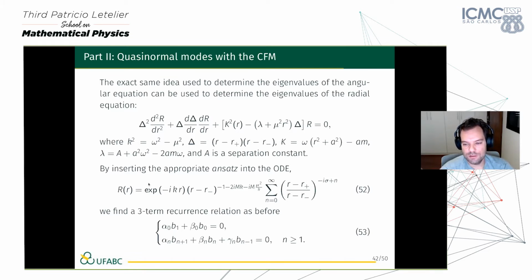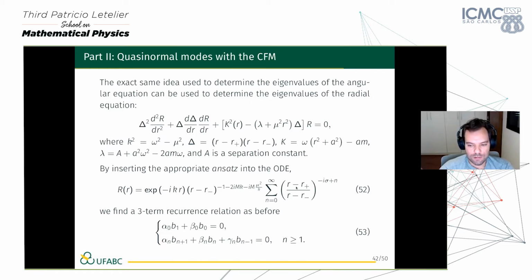So if you plug this ansatz into the differential equation, then you get a 3-term recurrence relation for these coefficients Bn. This is basically the same as in the case of the angular equation. The only difference, of course, is that the coefficients alpha, beta, and gamma that show up in this recurrence relation are different than before, but the idea is the same.